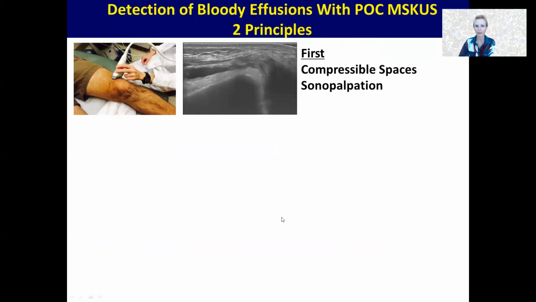Now again, this is where the detection of bloody effusions with point-of-care musculoskeletal ultrasound comes in incredibly handy, and that's based on two principles. First, compressible spaces with sonopalpation that would identify that there is fluid in the space.